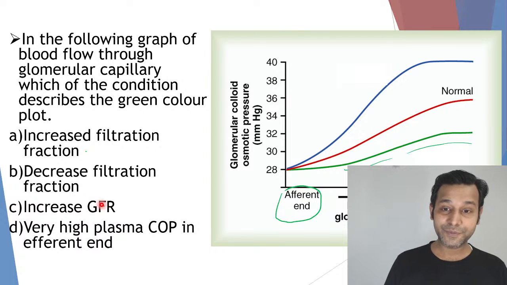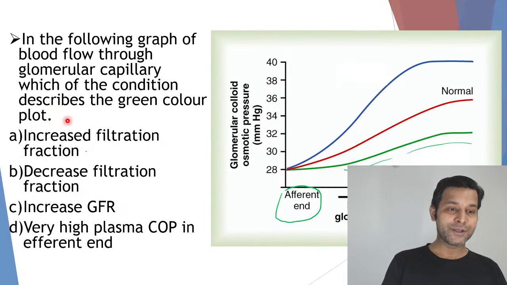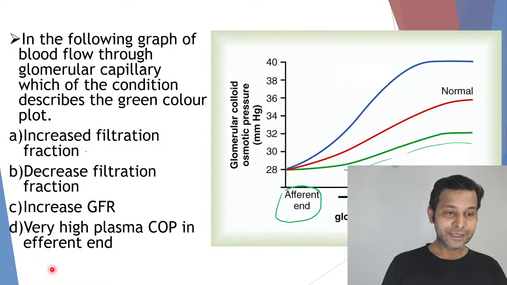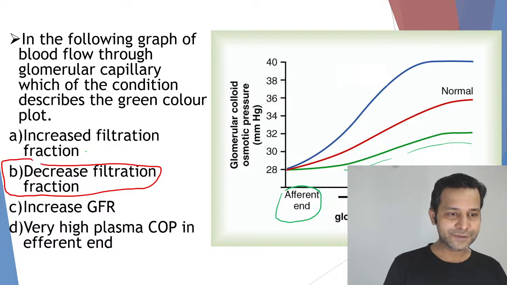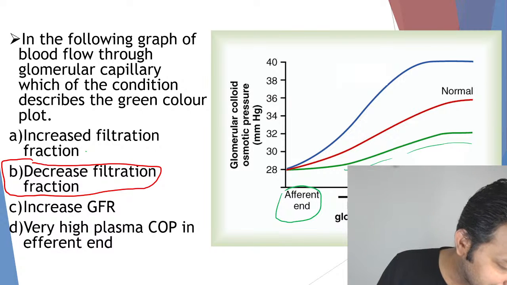Yes, for those who are watching me live, the answer for this question is the green plot indicates decreased filtration fraction. Remember. Oh, very good morning, Dr. Moksh. The green line indicates decreased filtration fraction because when the filtration fraction decreases, very right, yes, that's very nice, Dr. Moksh, Dr. Kevlino.